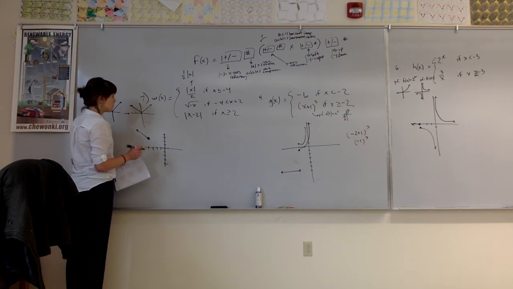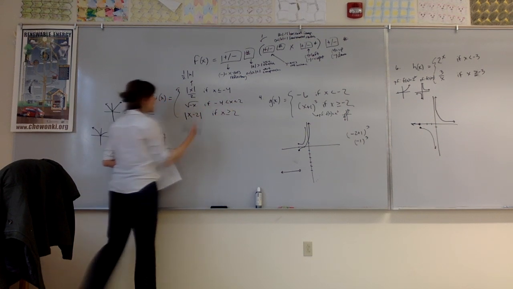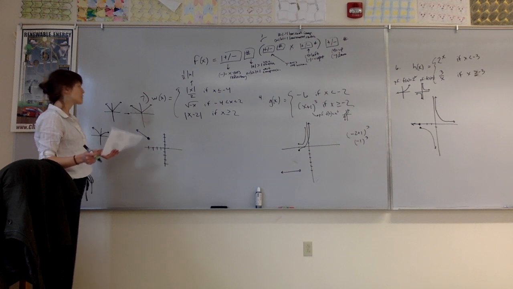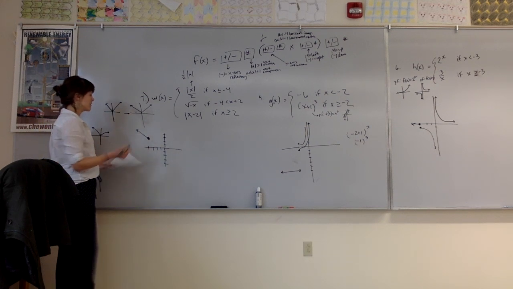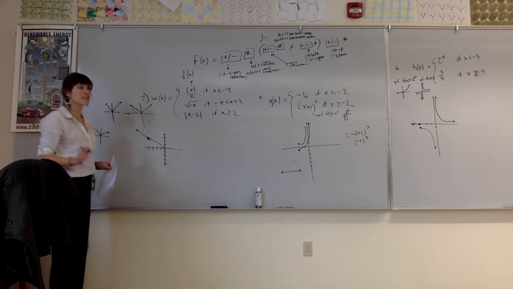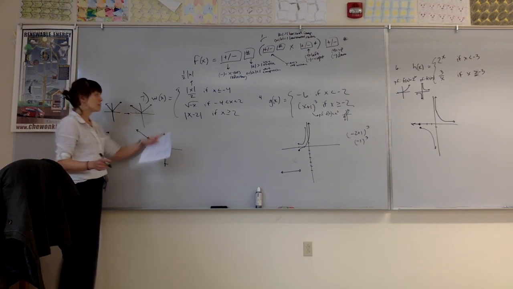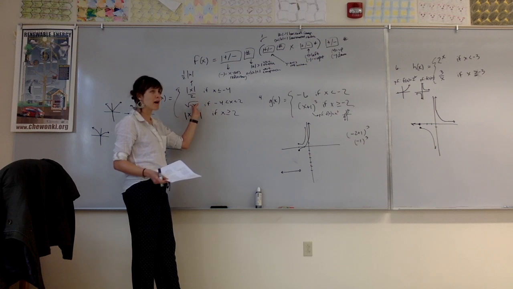Yeah. And then my second point would be here, and the square root of 2 doesn't exist. So there'd be a massive gap once it hits 0. Okay, I was pretty sure that's what it was. Yeah, that's what I was confused about. So there's a gap, because you can't have any x values that are positive numbers, greater than 0, because then this becomes imaginary.